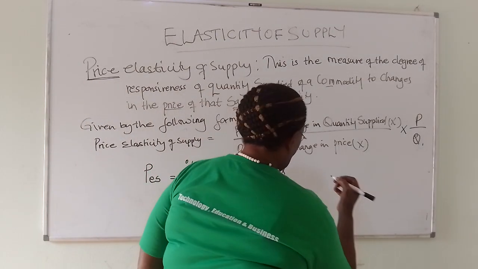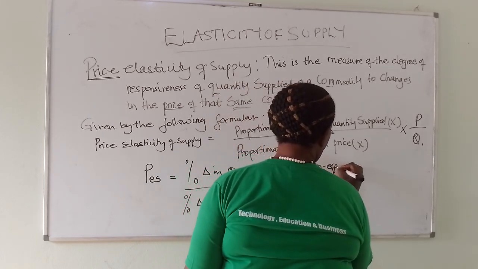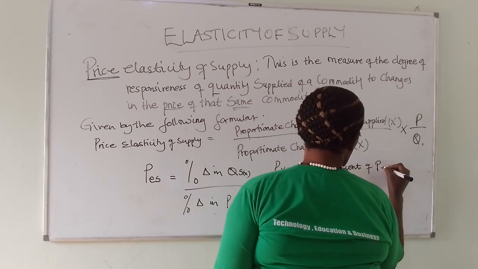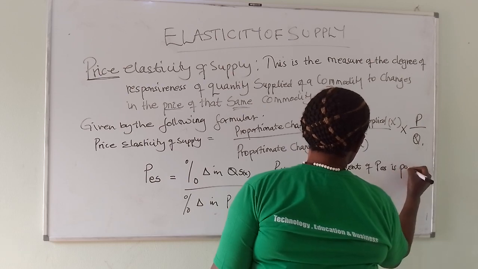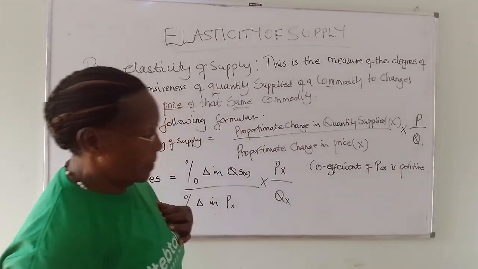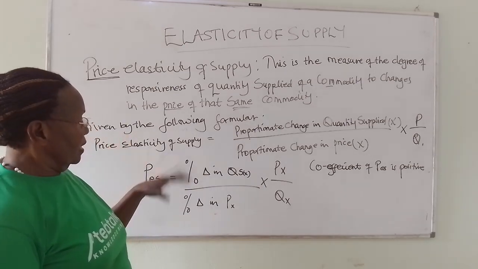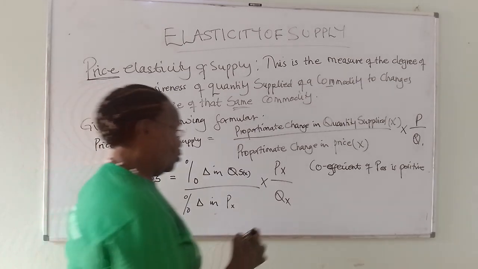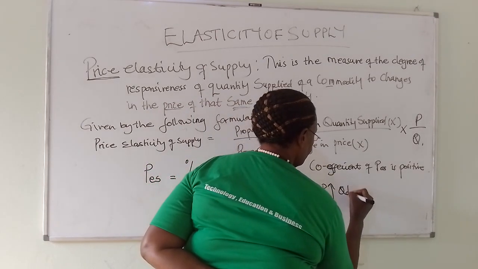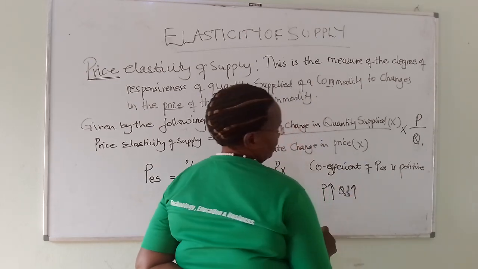And we have to say that the calculated value, the coefficient of price elasticity of supply, is positive. Unlike in demand, where it was negative, and you have to multiply it by a negative to make it positive, here we don't have any negative sign in our formula, simply because we saw that under supply, price and quantity supplied move in the same direction.